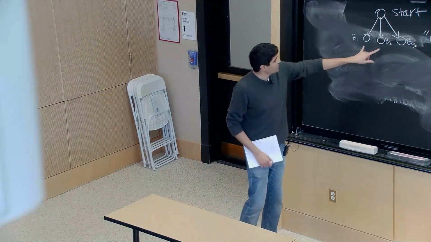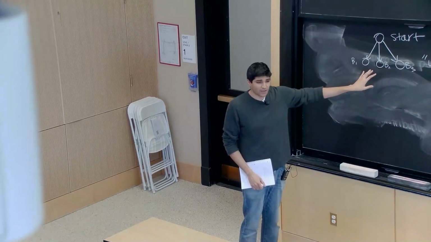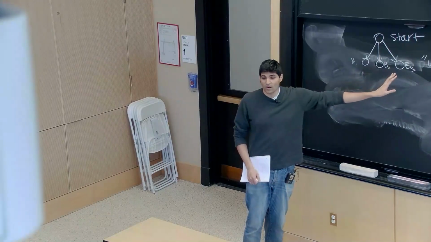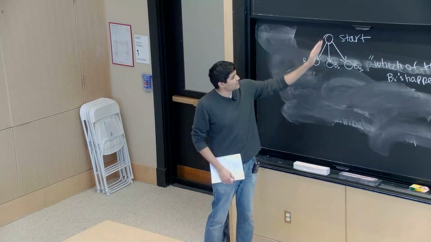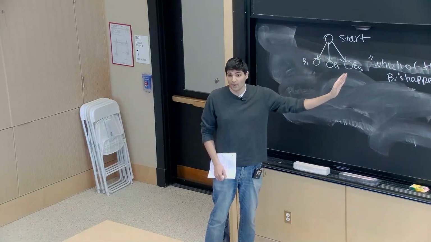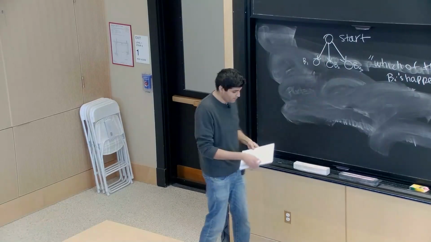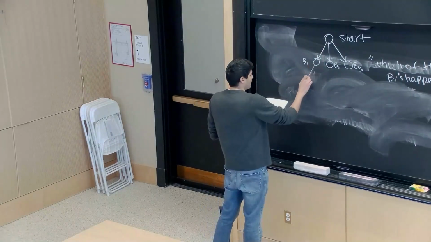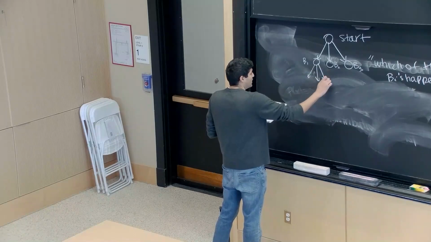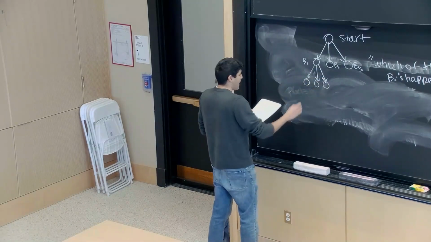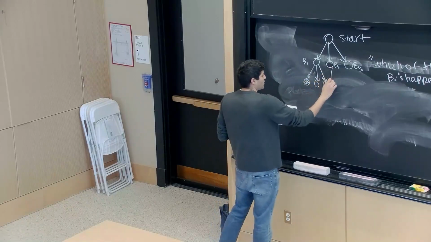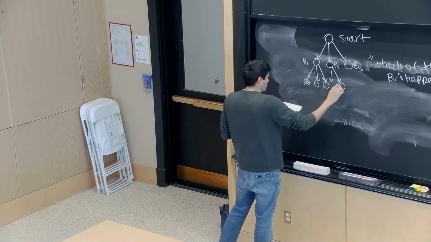The assumption that these things are pairwise disjoint just means that one and only one of these things happens. But I have a different probability of traversing these edges depending on what the probability of those events are, right? And then finally, I can look at conditioned on B1 happening, whether the event A actually happens. So I can continue this process.